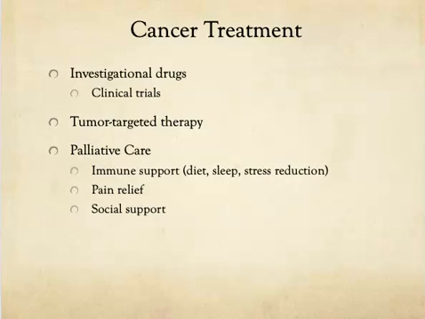And palliative care is essentially designed to support that natural healing ability of the human body. And studies are showing that the more we support the patient with palliative care alongside the tumor-targeted therapy, the better the outcome for the patient.